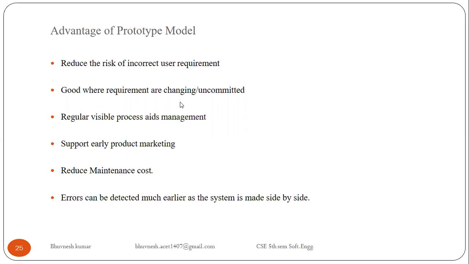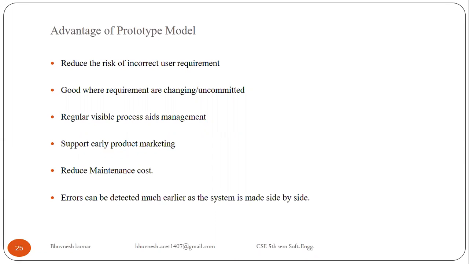Regular visible process aids management. There is proper visibility of processes, because we are making a dummy and showing it to the customer. Then after accepting that dummy, we go for the next steps. It supports early product marketing. Early product marketing means we make a dummy and hand it over to the customer.